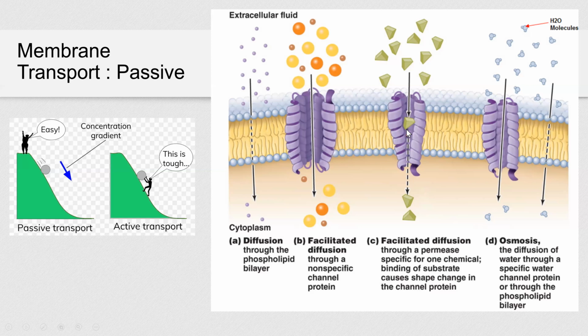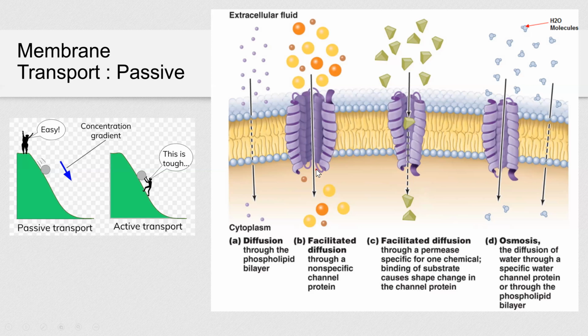Now, if molecules are larger, or if they have a charge, for example sodium, potassium, they're not that huge of molecules, but they are ions, so they cannot move through the membrane. Then they might use special channel proteins, and then we call it facilitated diffusion.